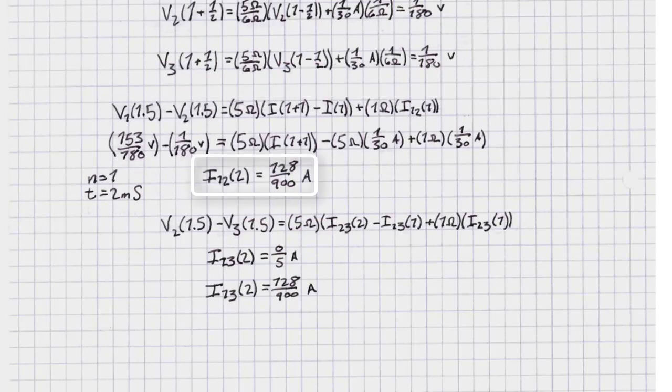This gives us I12 at time 2, I23 at time 2, and I13 at time 2. Once you write the equations from before and fill in all of the variables we've calculated already, these steps become quite trivial. At the end of our first time step calculation, t equals 1, we are at time 2 milliseconds.